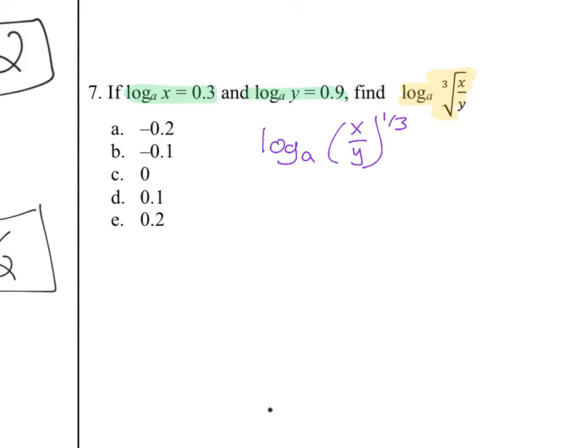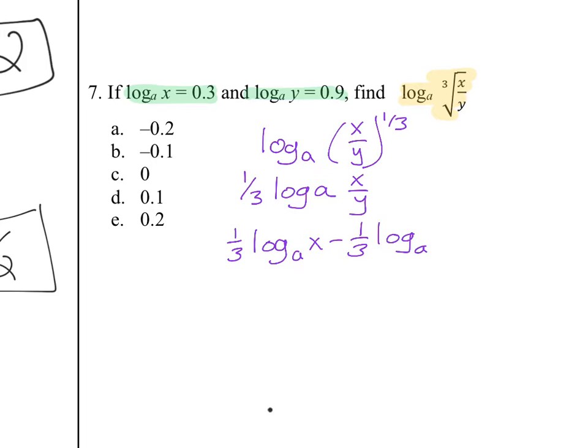So I can bring that exponent down, 1/3 log A of x over y. Now, when I split these apart so I can subtract them, I need to make sure I put that 1/3 on both of them. Log A x minus 1/3 log A y.